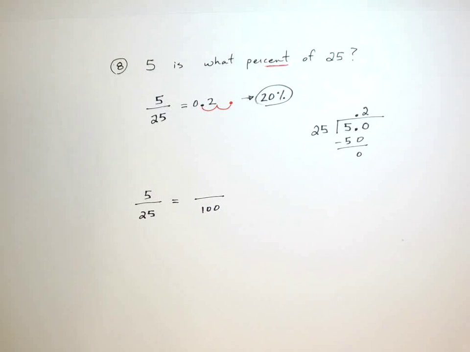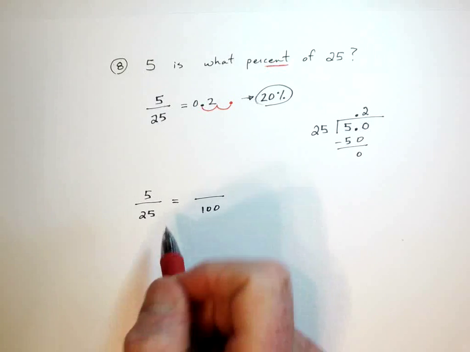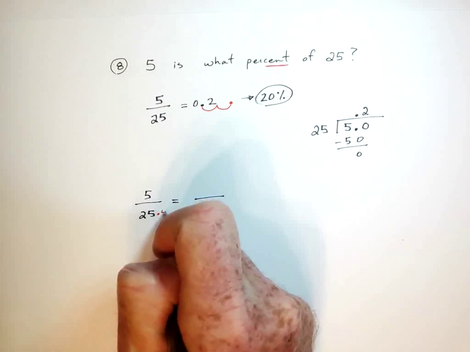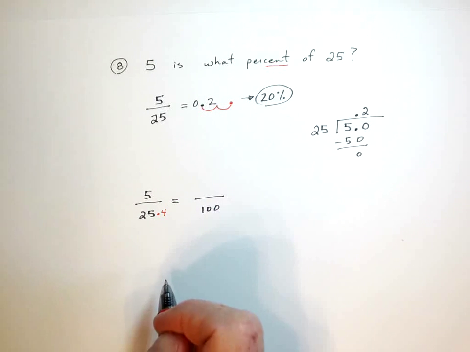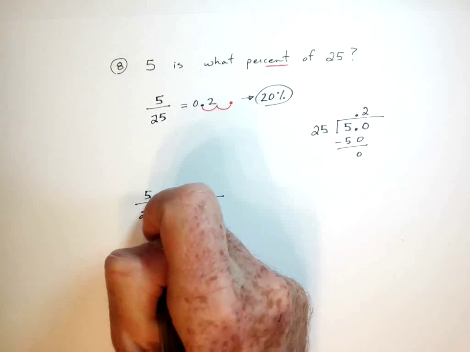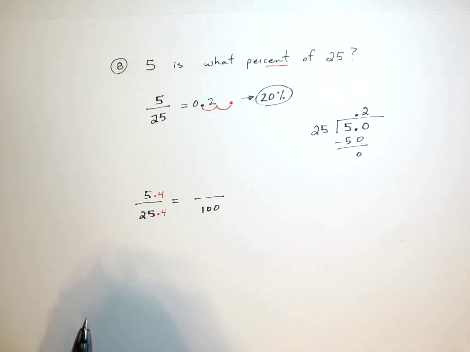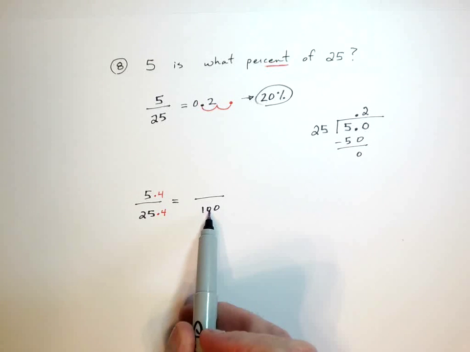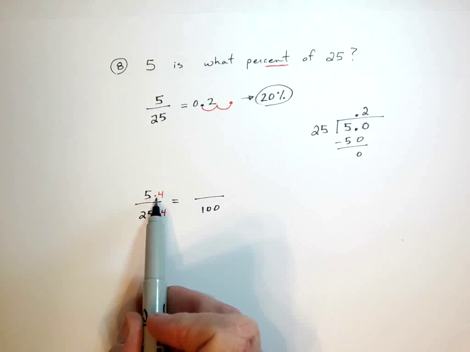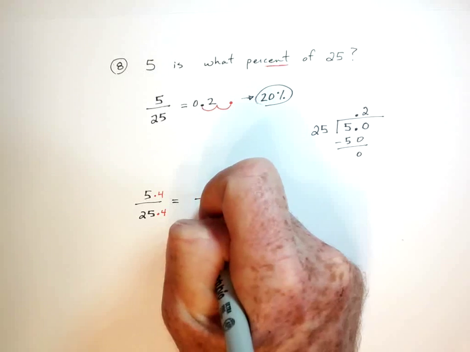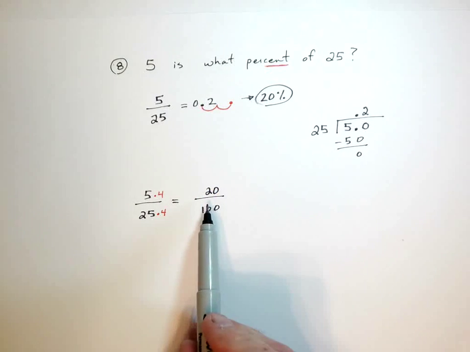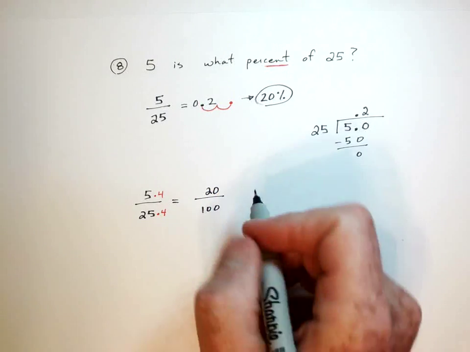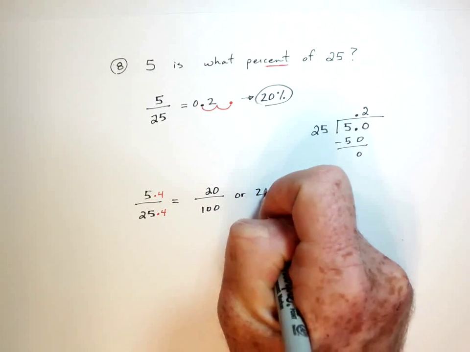Well, in order to change this 25 into 100, I need to multiply by 4. But if you multiply the bottom of a fraction by a number, you have to multiply the top by the same number. So the bottom is 25 times 4 is 100. The top would be 4 times 5 is 20. And then this is literally saying 20 per 100, or in other words, 20%.